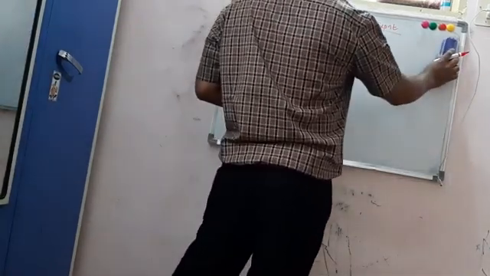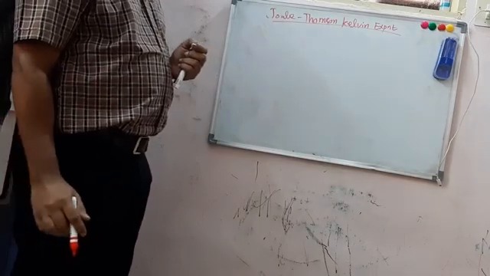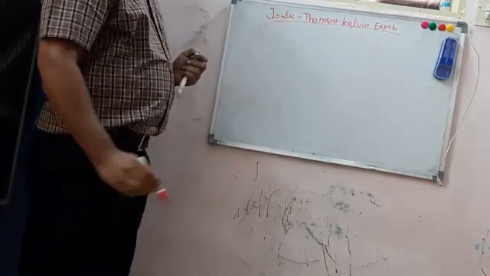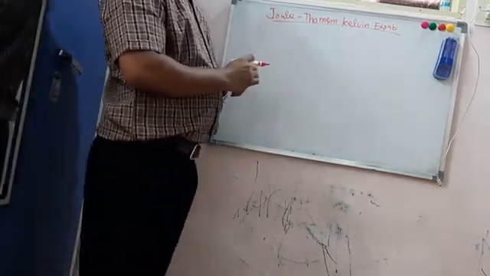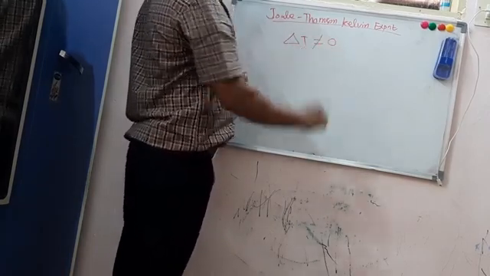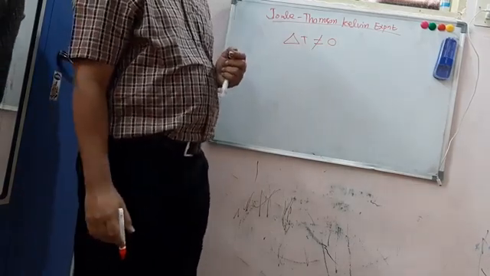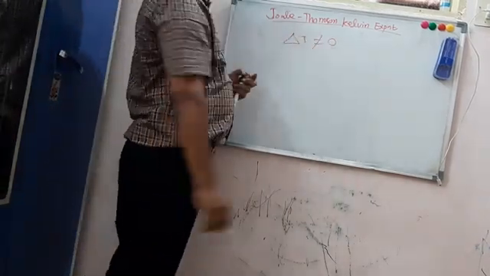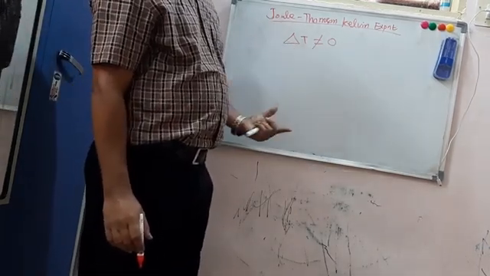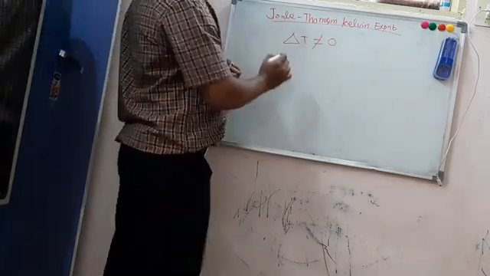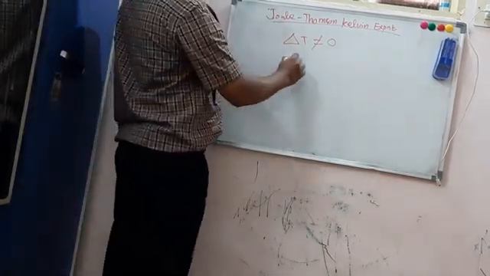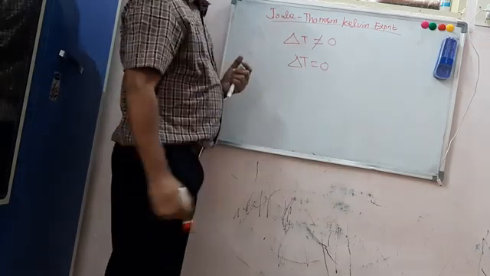Joule and Thomson worked together to experimentally prove that del T is not equal to 0. In this process of expansion, there will be a change in temperature, whereas earlier, Joule observed del T as 0.